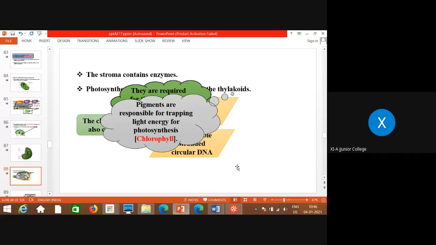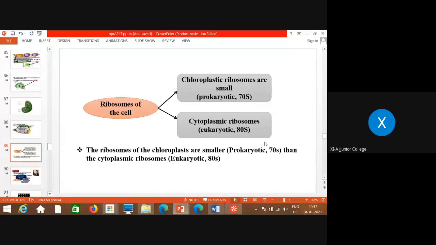In the next chapter we will be discussing that again, light reaction and dark reaction. So grana are responsible for the light reaction of photosynthesis, and their main important part is these pigments, which trap the solar energy required for photosynthesis. So this is all about the chloroplast.